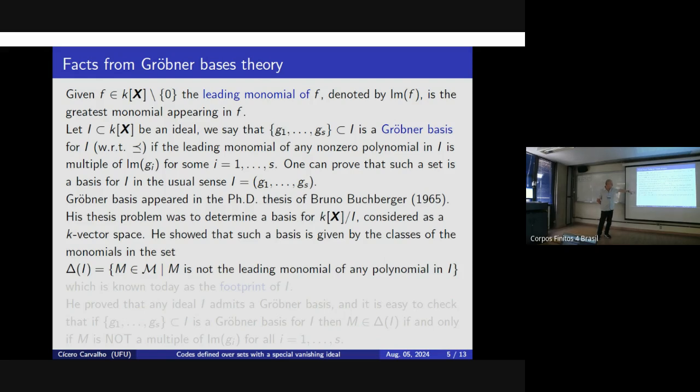In his paper, he called those G1 to Gs a Gröbner basis because he proved that any ideal has a Gröbner basis. In the original paper he called it a standard basis, but 10 years later he decided to call it the Gröbner basis because he felt he owed many of his ideas to Gröbner, which he had learned in seminars during his years as a student.